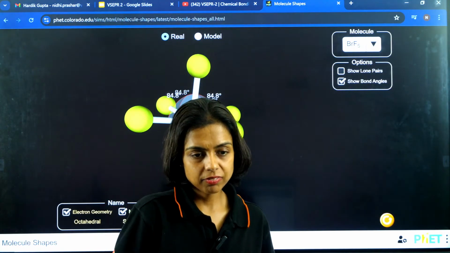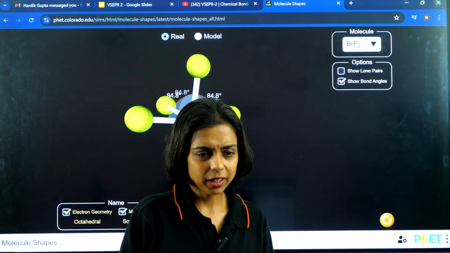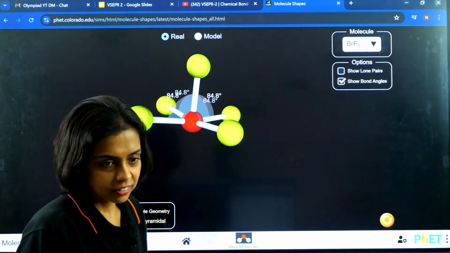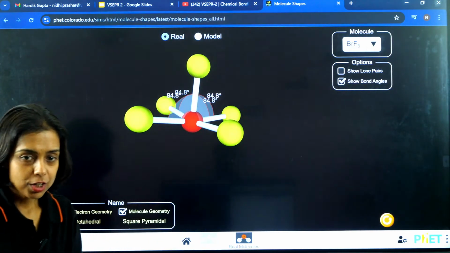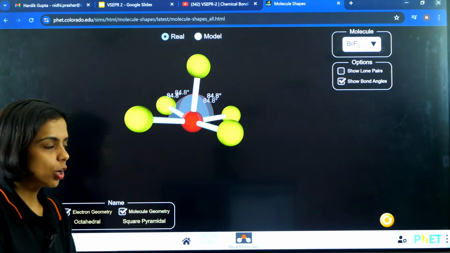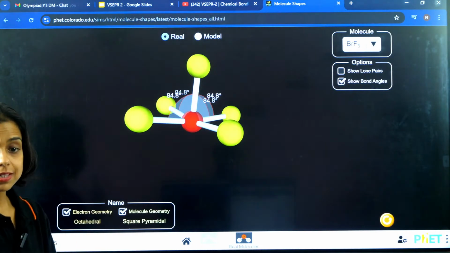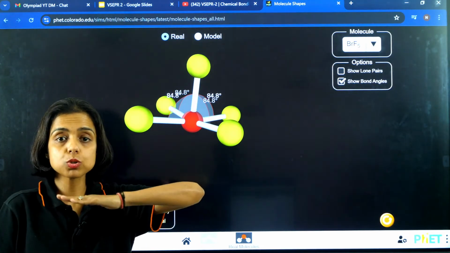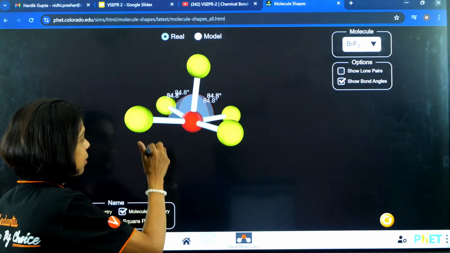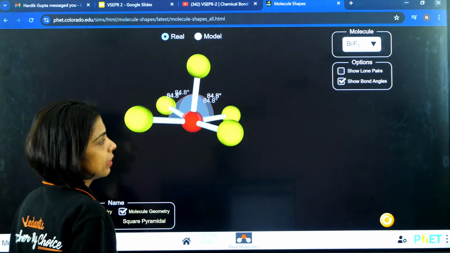In 5, it makes angles of 90, 80 and 120 degrees. What do you call this shape, guys? This shape is square pyramidal. There is a pyramid whose base is a square, right? So this is a square pyramidal shape.